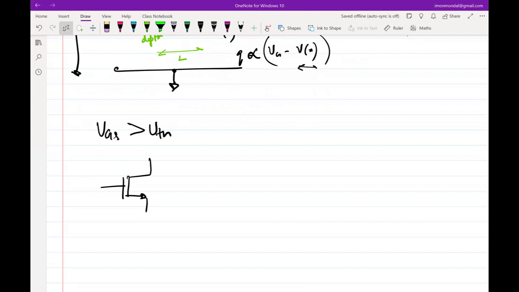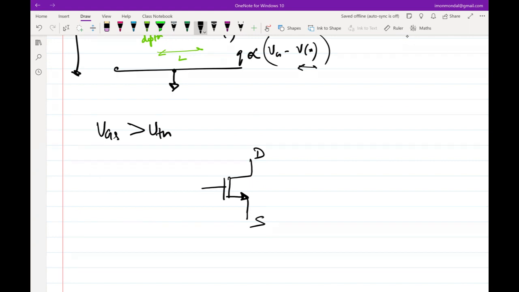Because I want to get to Y parameters, where the input is often applied on the left side and output is taken from the right, I flip the symbol by 90 degrees and show it in this manner. The arrow points to the fact that current is flowing in the direction of the arrow, which means I have already implied that the drain is here and the source is here, because current flows from drain to source in this N-channel MOSFET. And this is obviously the gate.